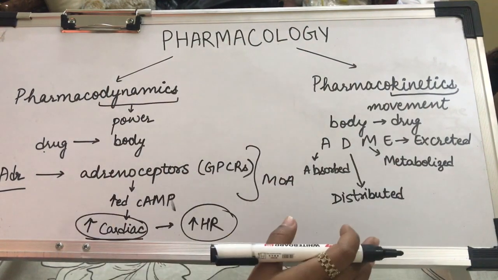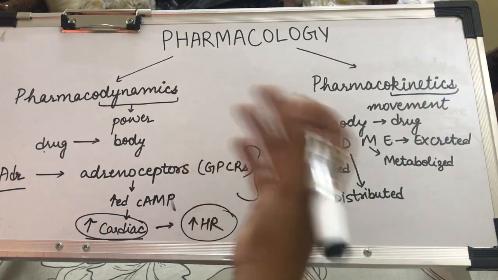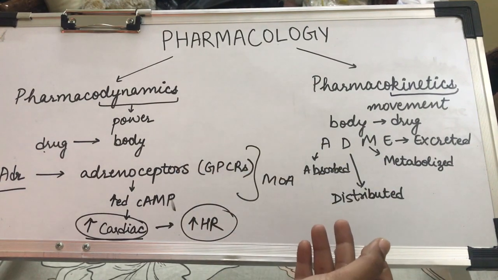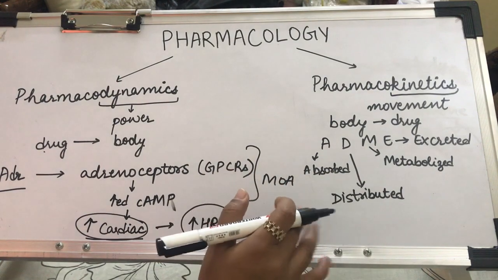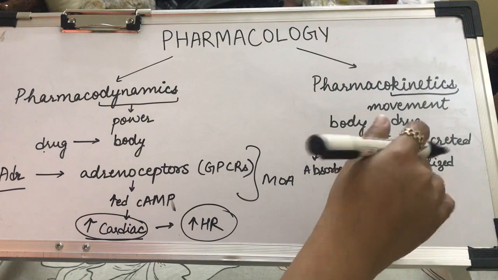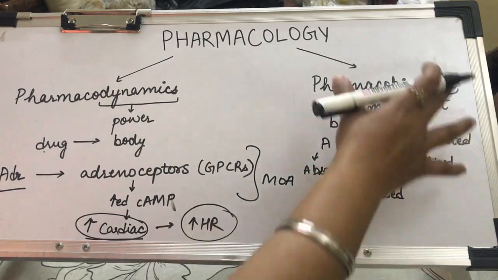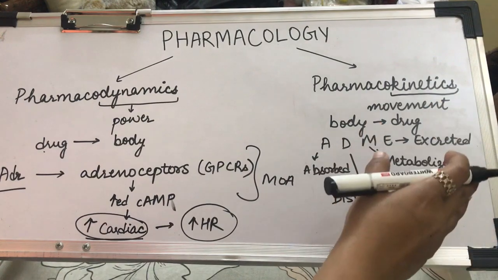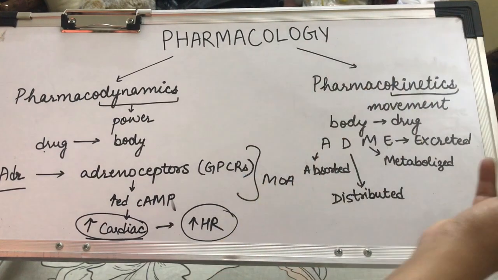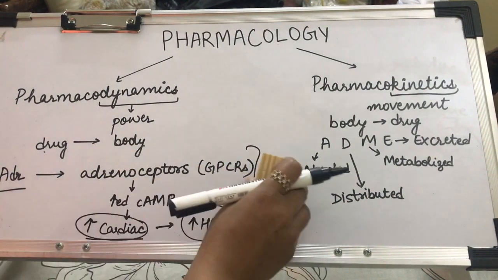It is metabolized in the liver. It will be converted into inactive metabolites by glucuronide and sulfate conjugation, and after this conjugation it will be excreted into your urine. That is basically the pharmacokinetics, how your body is going to treat the drug. That is your kinetics.